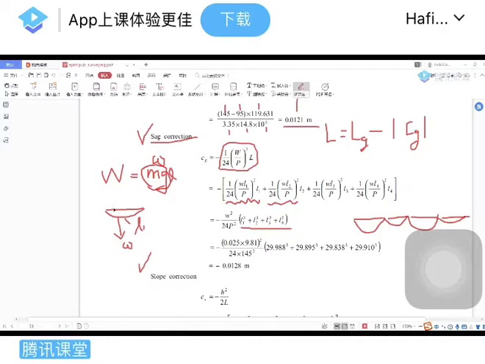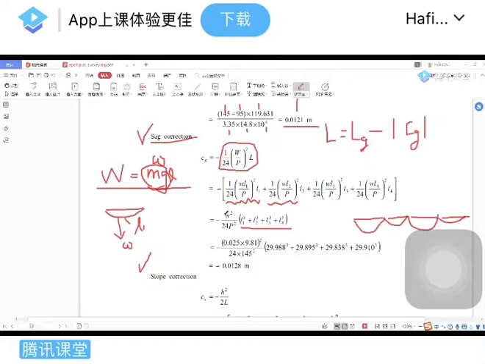The force is exerting in this direction, but it's moving this direction. So it's hard to define this one. But anyway, remember this W is defined by omega times L times L1. You can treat this W as a sort of work. Okay, let's continue.